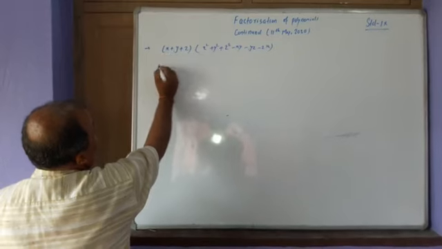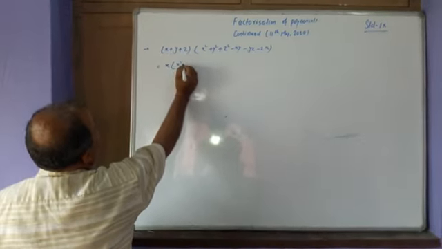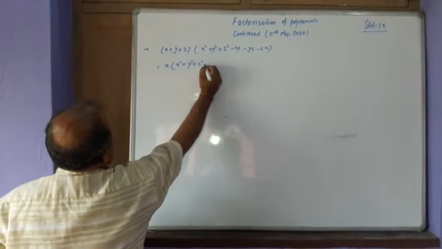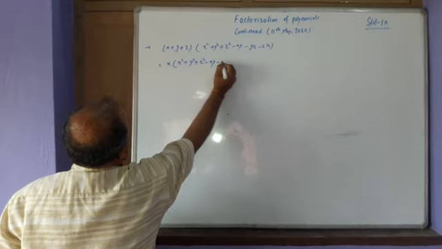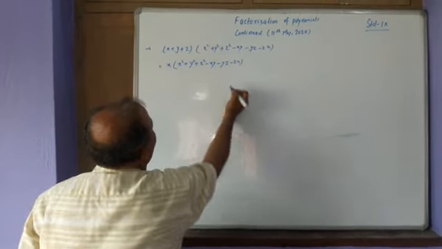The first term of the first factor is x, and it will be multiplied by x square plus y square plus z square minus xy minus yz minus zx.